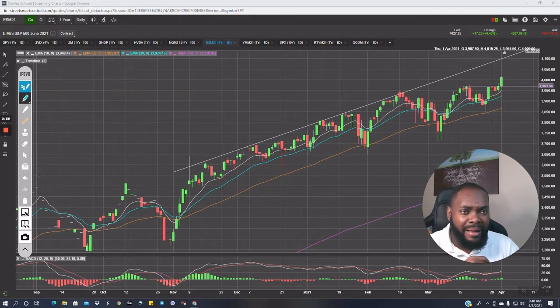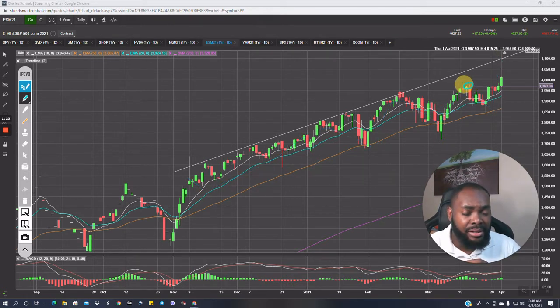So I think on Friday, we were way over the 4,000 level for the S&P 500. I'm looking at the E-mini futures chart, which is a product of the S&P 500. So guys, what we're seeing right here is that the bullish trend for the S&P 500 is still intact.